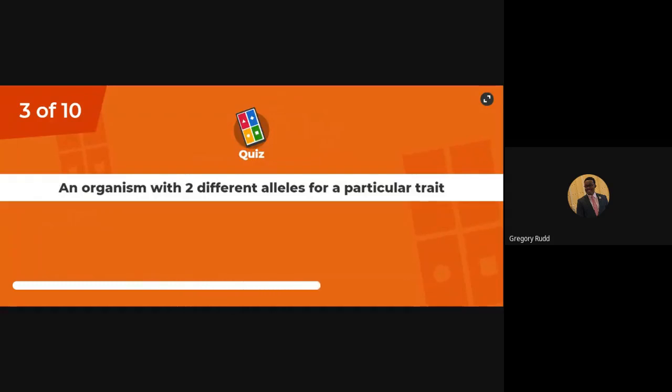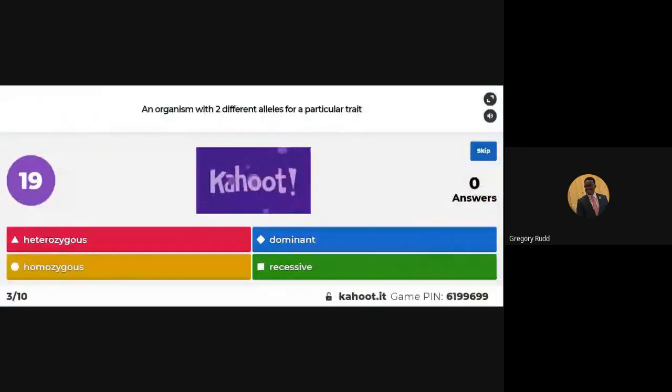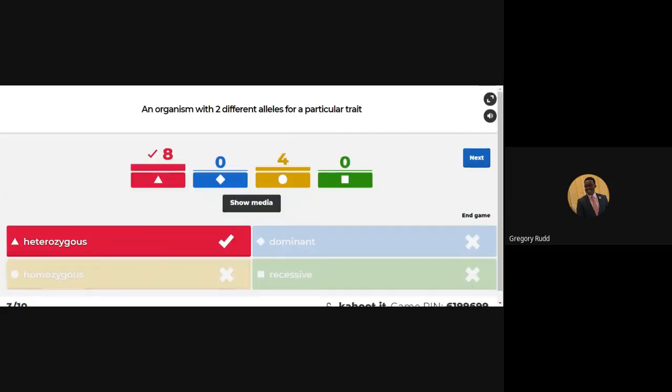An organism with two different alleles for a particular trait. Two different alleles. Okay, so that should be called heterozygous. Hetero is a prefix meaning different.